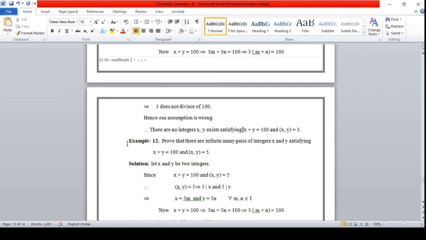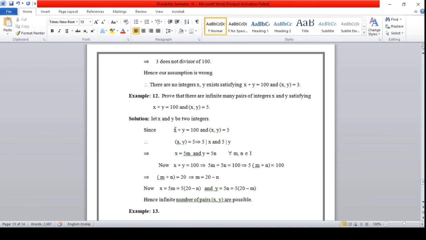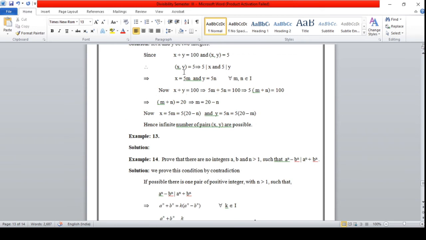Next, example 12. Prove that there are infinitely many pairs of integers x and y satisfying the same equation, x plus y is equal to 100, and their GCD is 5. Same example: let x and y be two integers with this equation and GCD given. The GCD of x and y is 5, meaning 5 is a divisor of x and 5 is a divisor of y.